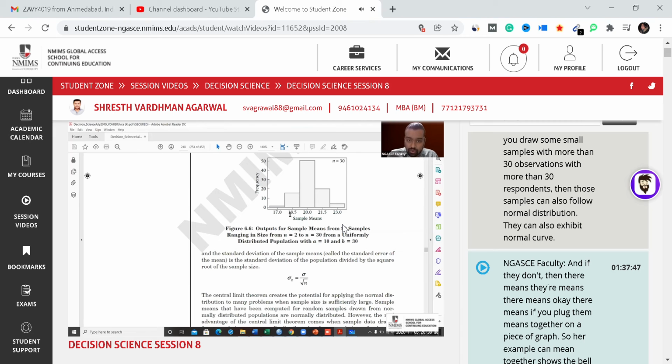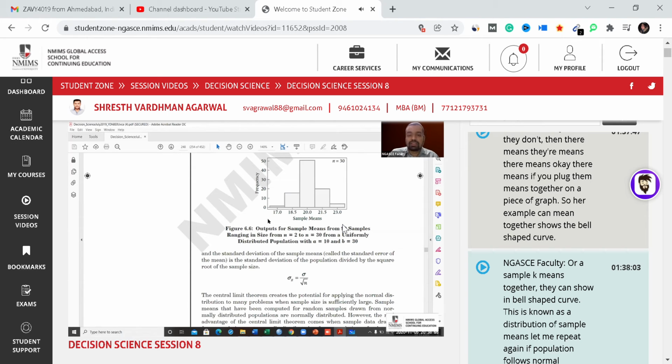And if they don't, then their means, if you plot their means together on a piece of graph, the mean of each sample together shows the bell-shaped curve. This is known as a distribution of sample means.